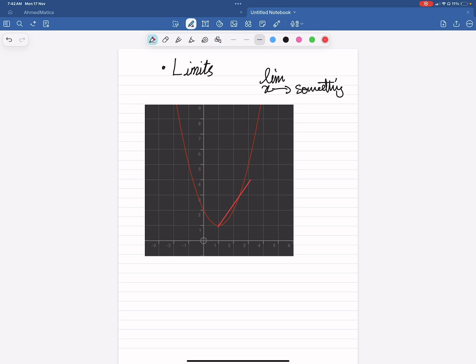So here's the idea. The average rate of change is the slope between 2 points. But if we move those 2 points closer and closer, the slope becomes the instantaneous rate of change. And basically that's the derivative.